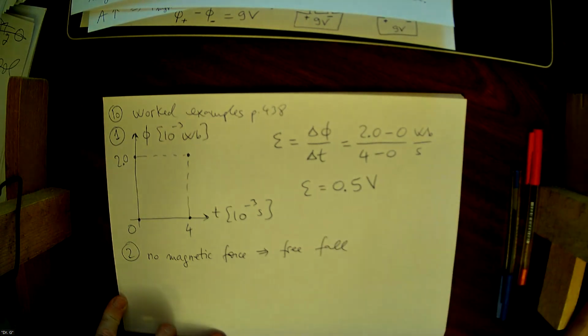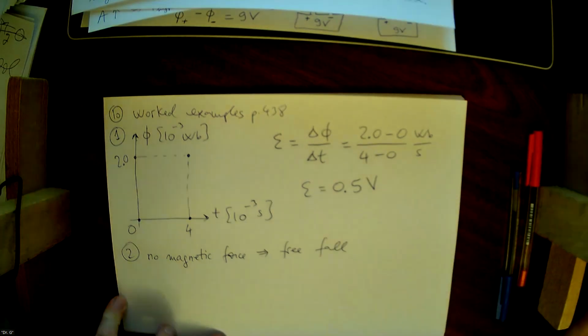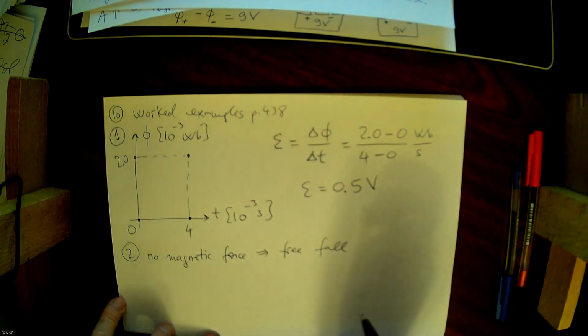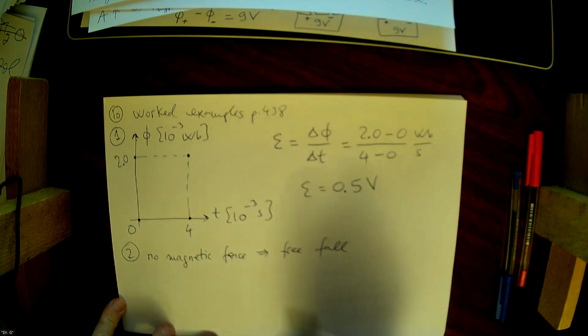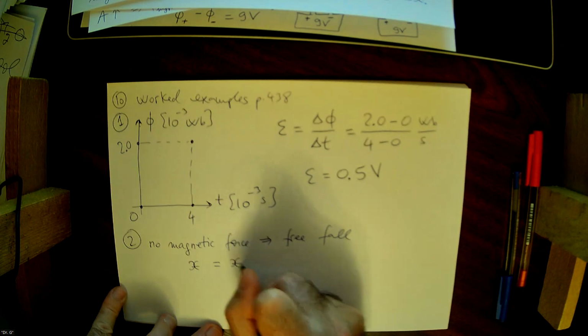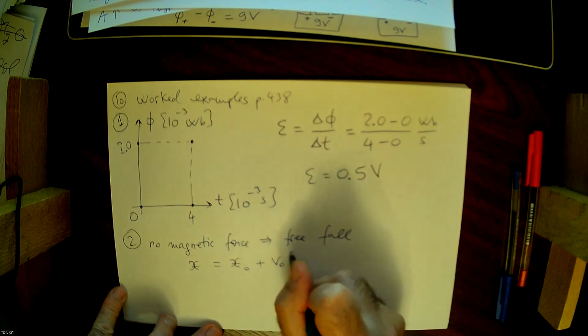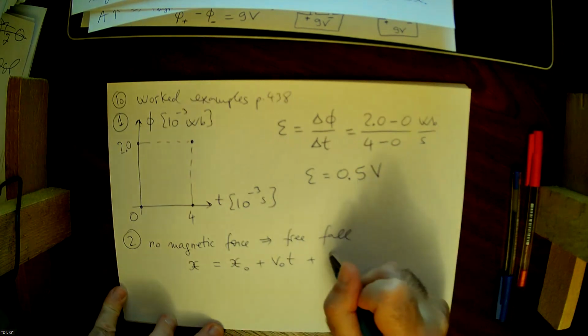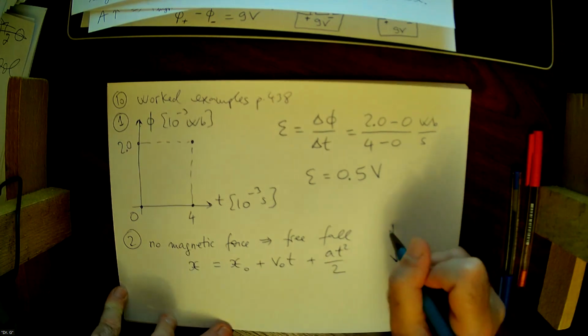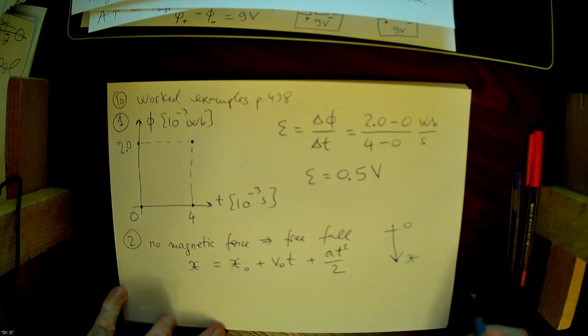Okay, so you can use the equation x is equal to x0 plus v0t plus at squared over 2. Let's work with an x-axis going down.